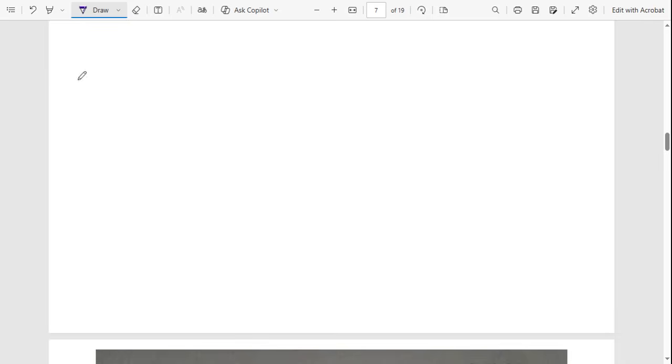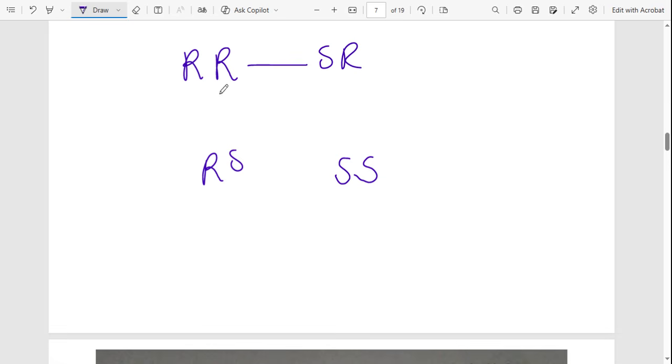So let me just write what I've said. If this is RR, this is RS, this is SS, this is SR, going in these directions, you're only changing one carbon. RR is now SR. You've just swapped the first carbon. RR is now RS. You've just swapped the second carbon. RS is now SS. You've just swapped the first carbon.